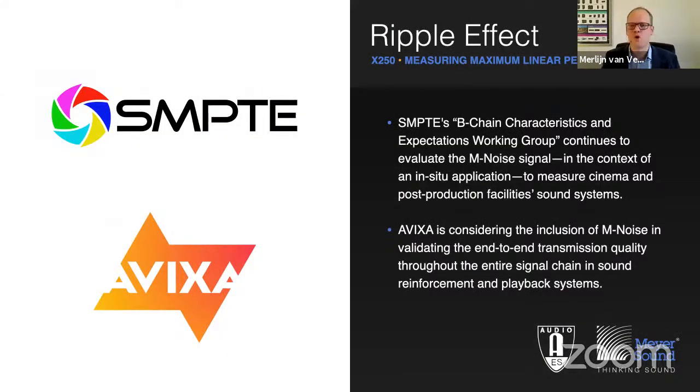So all of this work has been really rewarding to a point that we start to see a ripple effect. So other standard bodies have shown a tangential interest in the application of such a test signal. And we even have a SEMT liaison within our organization. SEMT has a B-chain characteristic and expectation working group, and it's looking into the in situ application of this signal to validate performance of systems in post-production facilities and whatnot.